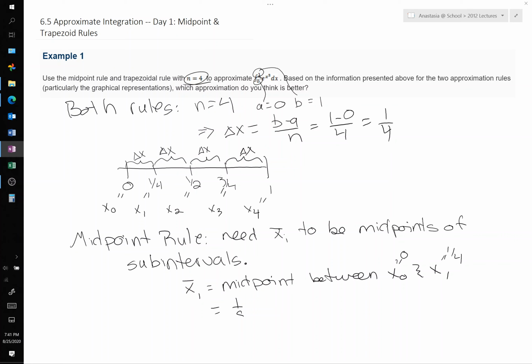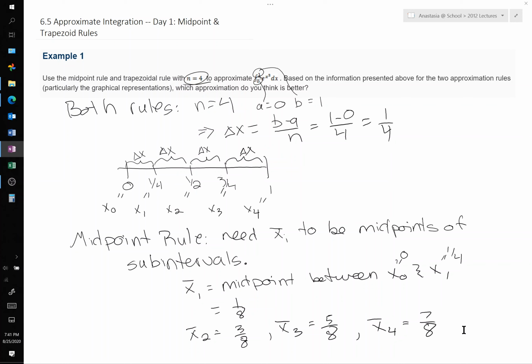So the midpoint of that is going to be 1/8. x bar 2 is going to be the midpoint of the next subinterval, between 1/4 and 1/2, which is going to be 3/8. x bar 3 is going to be between 1/2 and 3/4, so that's 5/8. x bar 4 is going to be between 3/4 and 1, so that's 7/8.